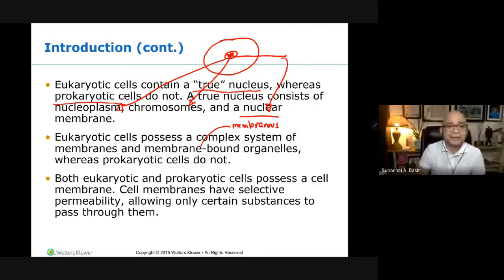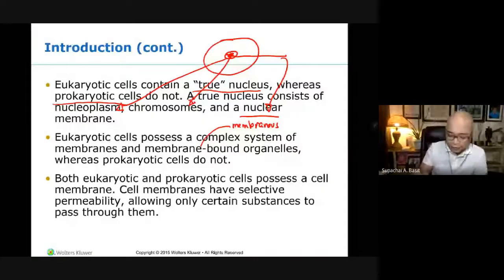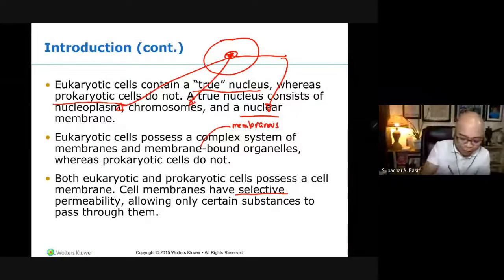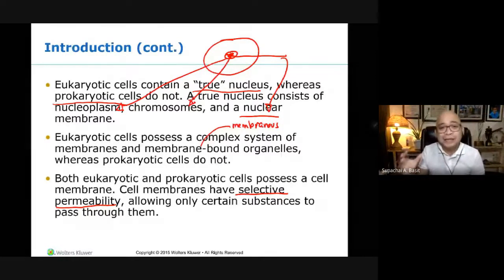Cell membranes are very important, and the most important function of the cell membrane is selective permeability. When you say selective permeability, it will only allow certain substances to pass through. So, meaning to say, not all substances will be allowed to pass through a certain cell.